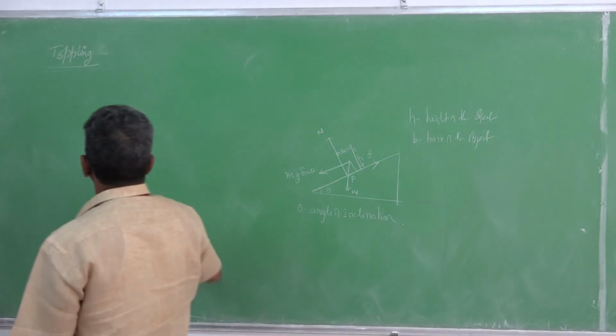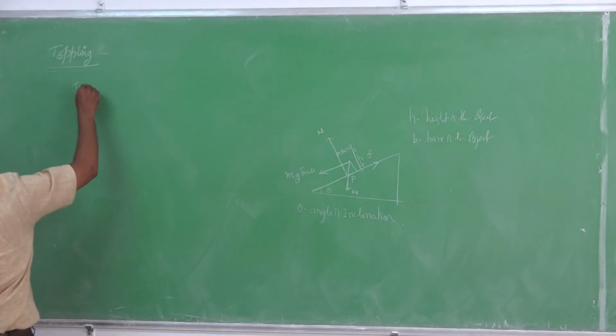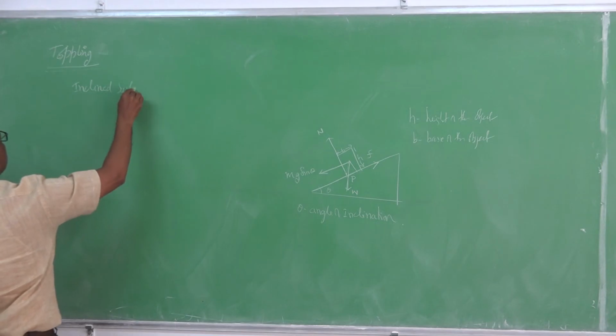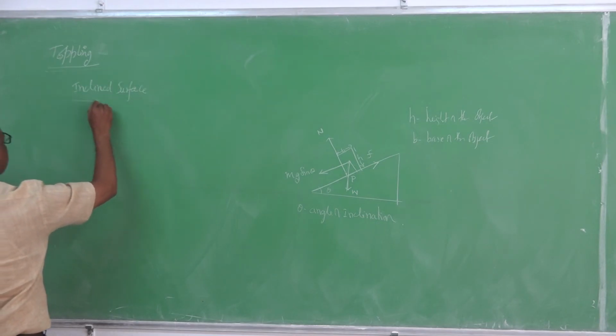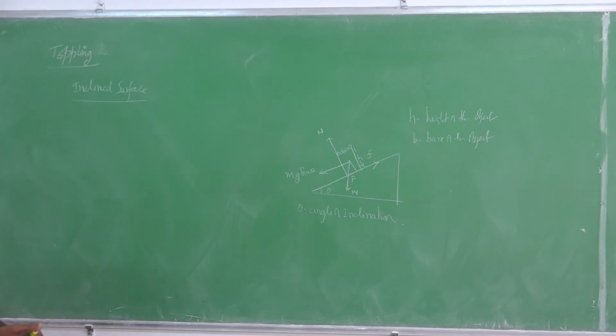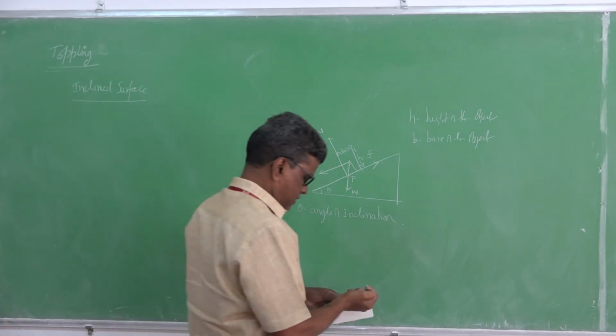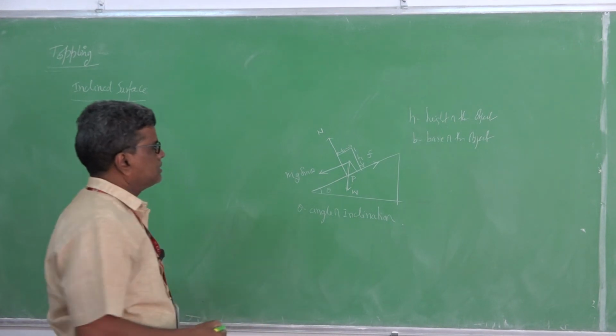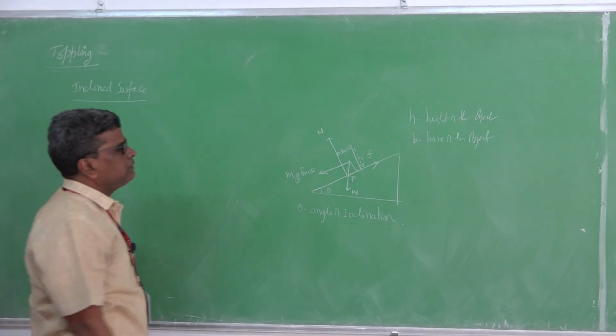This is the toppling on an inclined surface, with mg sin theta.